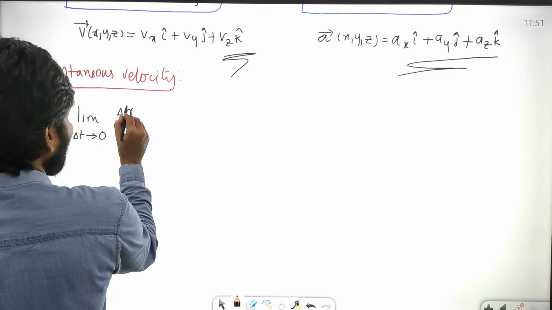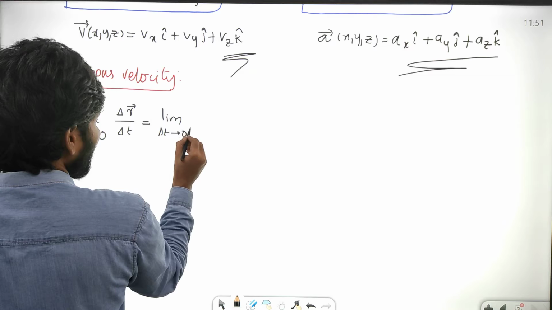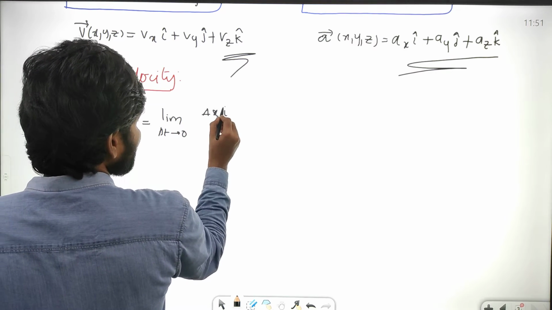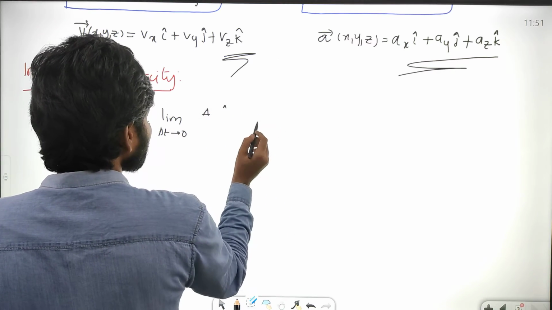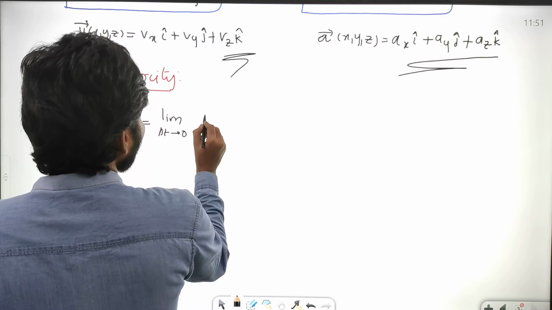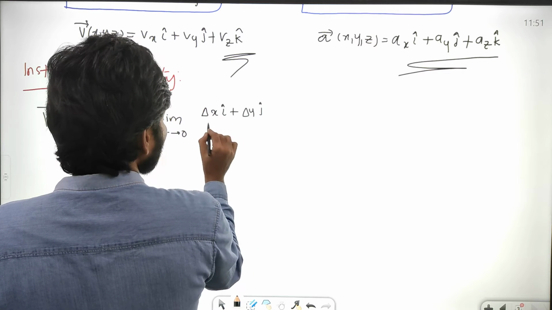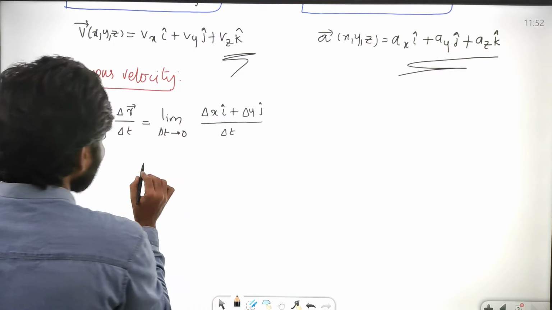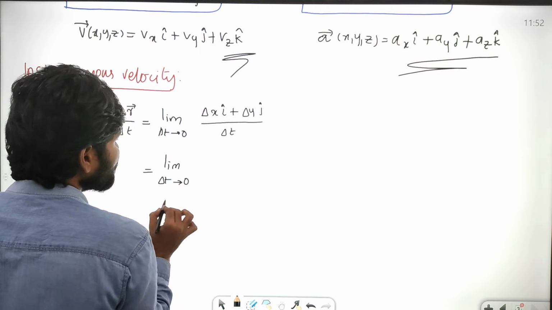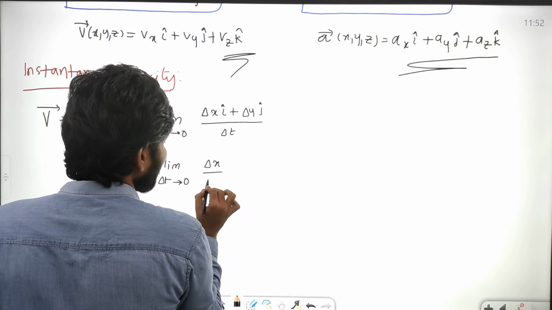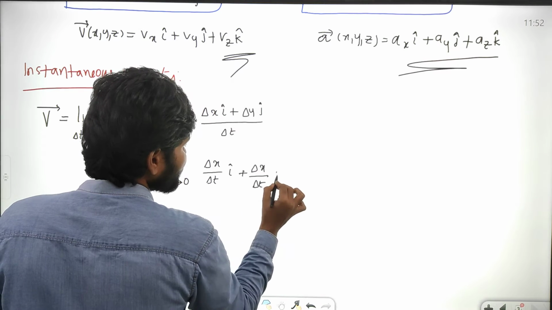So what is delta r vector? We already know delta r vector can be written as delta x i cap plus delta y j cap, divided by delta t. That implies limit of delta t tends to 0 of delta x by delta t i cap plus delta y by delta t j cap.